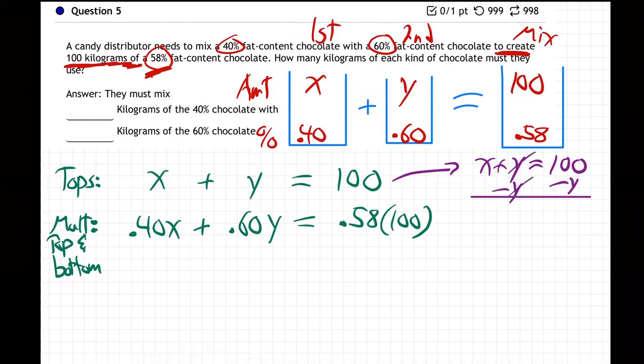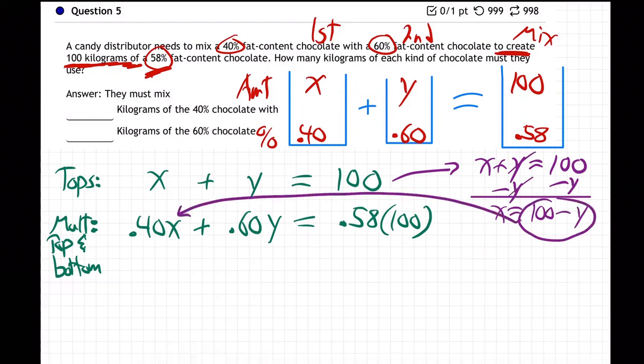And this cancels. And I get X is 100 minus Y. So I get X alone and then plug that in for X in the second equation. Is that good? So that's what we always do, right? We get X alone or Y alone, it doesn't matter which one, in the first equation, plug it into the second.